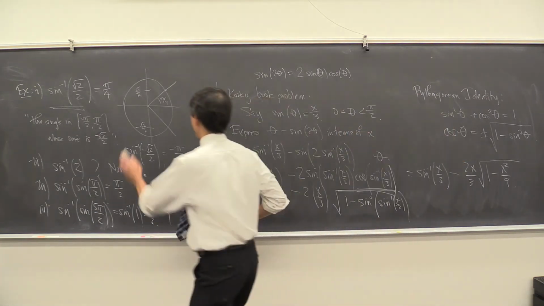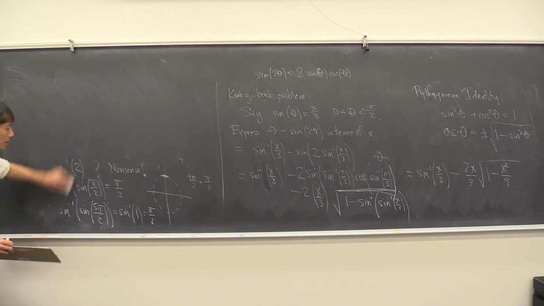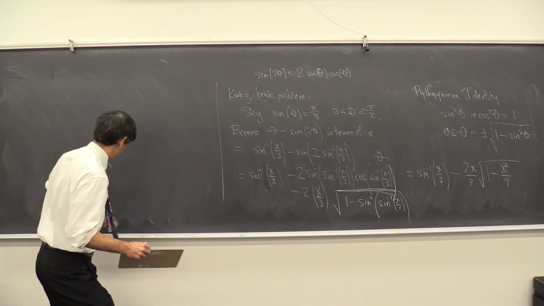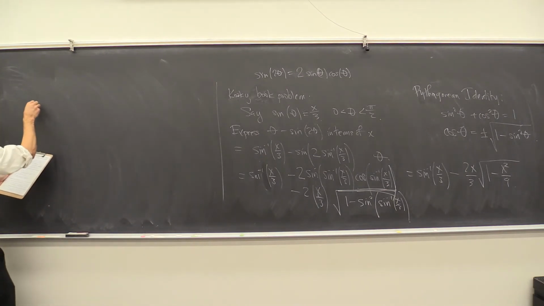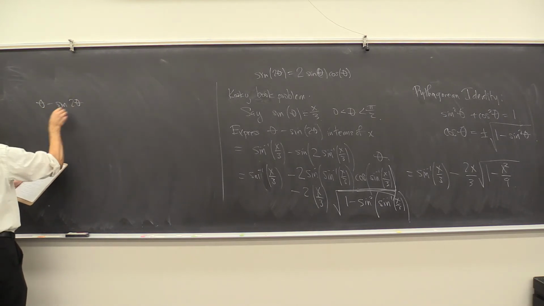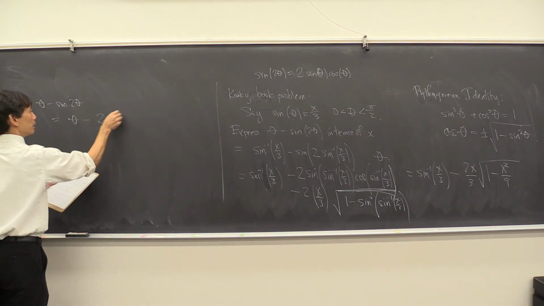Let me say that again, because I think I can say it a tiny bit more clearly. Okay. So we have that theta minus sine of 2 theta we can write as theta minus 2 sine theta cosine theta.